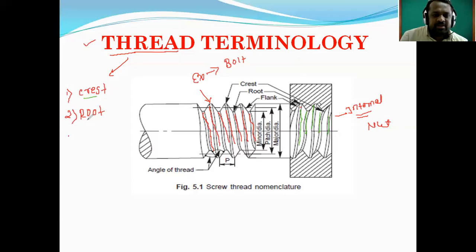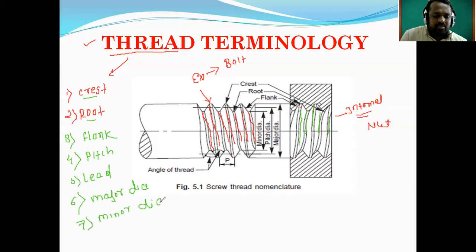What is meant by the crest, what is meant by the root of the thread, what is meant by the flank, what is meant by the pitch, what is meant by the lead, what is meant by the major diameter and the minor diameter of the thread. Then the pitch diameter, which we can also call the mean diameter.